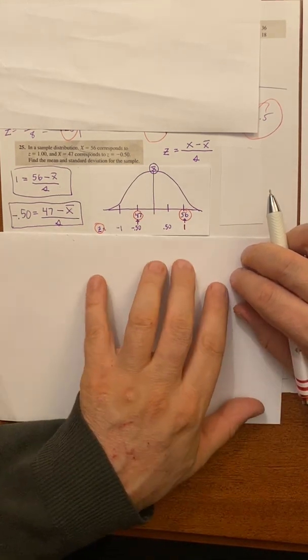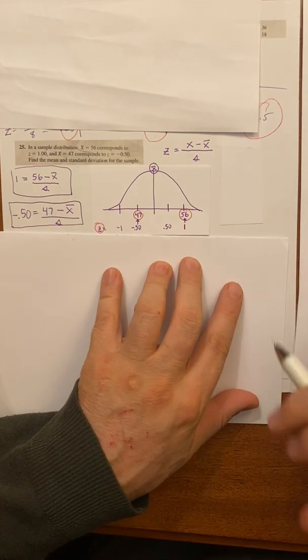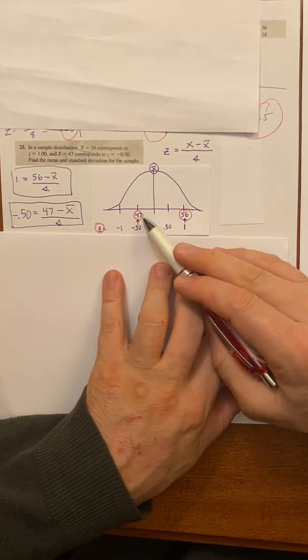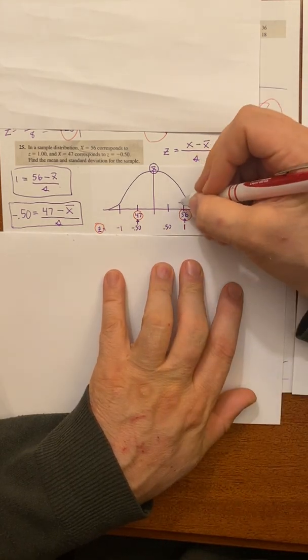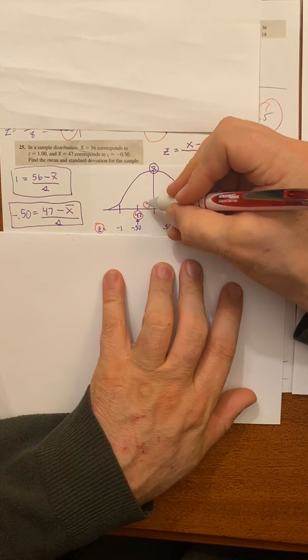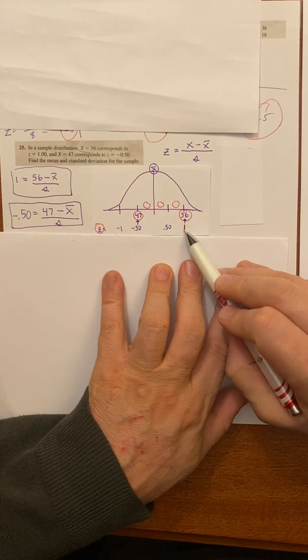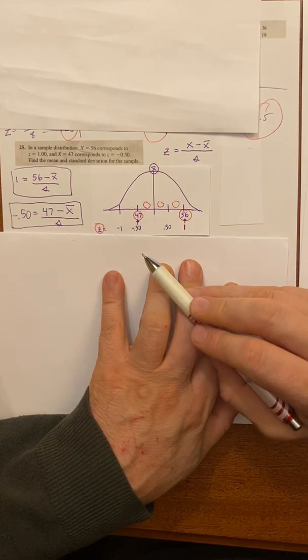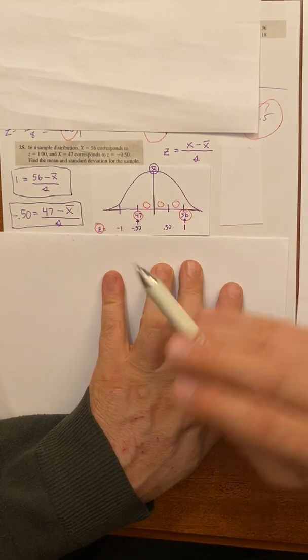First thing I'm going to do is think about how many standard deviation units there are between the 56 and the 47. I'm noting that I've got a standard deviation unit here, and a standard deviation unit there. How do I know all this? I know it because the 56 is one standard deviation unit away from the mean, and the 47 is half of a standard deviation unit away from the mean.